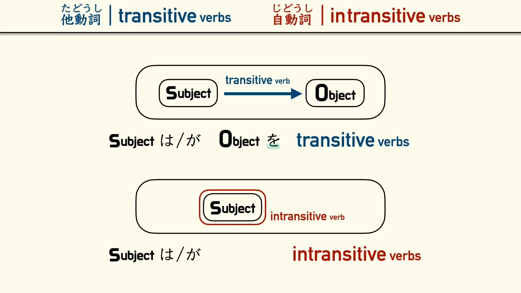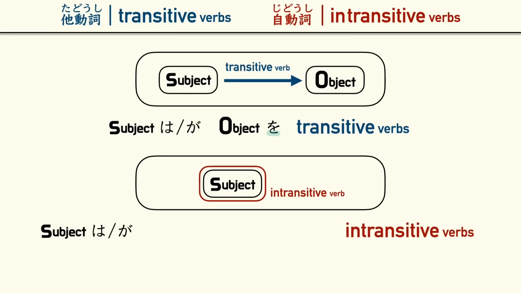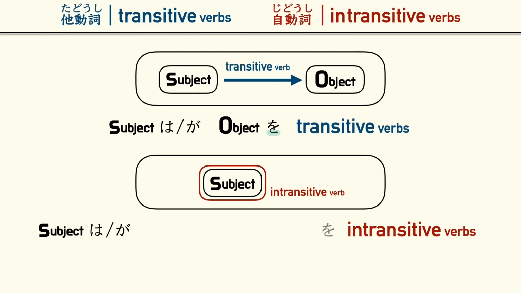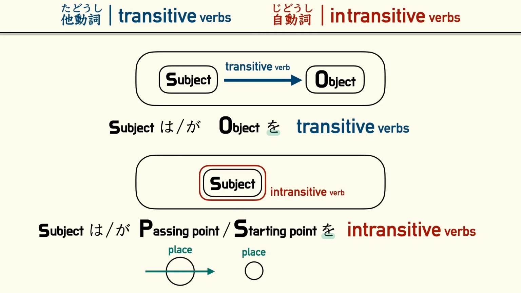And 自動詞 cannot take an object, meaning it cannot take the o particle. However, in rare cases, 自動詞 can take the o particle, but only when it marks a passing point or a starting point instead of an object.